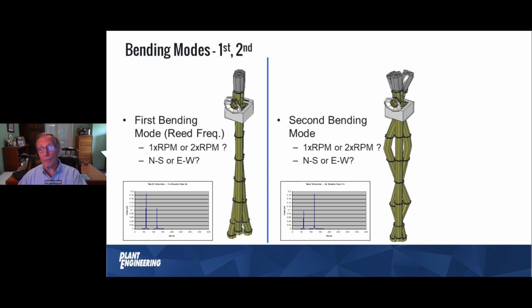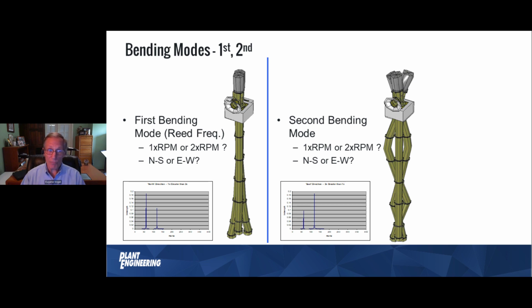And then if you look at that machine, it's got a discharge pipe. And on the motor support pedestal, there are cutouts which change the stiffness of the machine in line with the discharge, call it north-south, versus perpendicular to the discharge, call it east-west. So you might have a different natural frequency north-south than you do east-west.